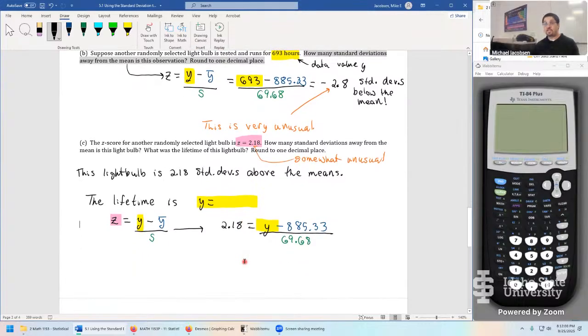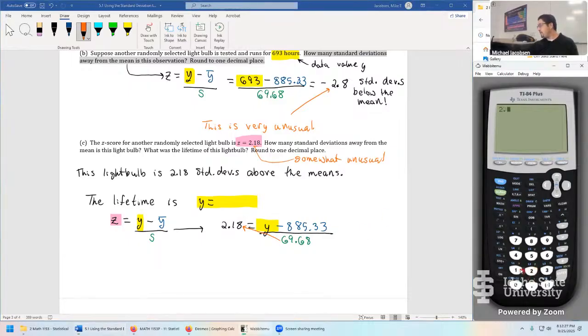Let's take those calculator steps to show rapidly what this would look like for a solution. Step one in this process is to perform the so-called cross product. The denominator is going to multiply across the equality into the left-hand side. Let me look at that left-hand side. Yeah, 2.18.